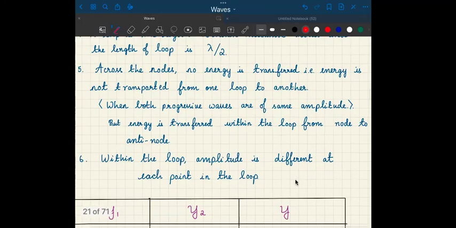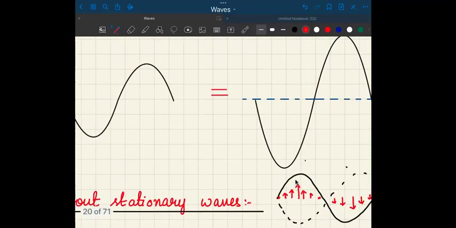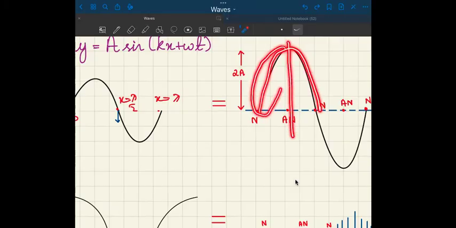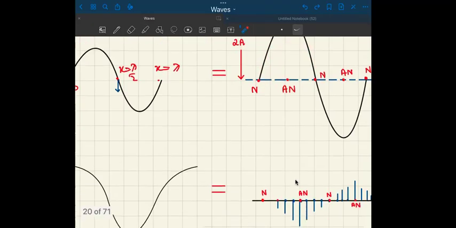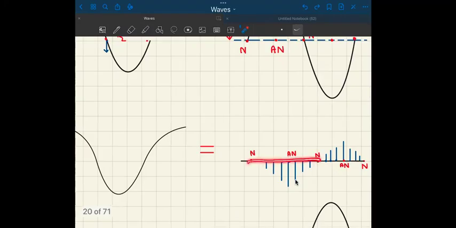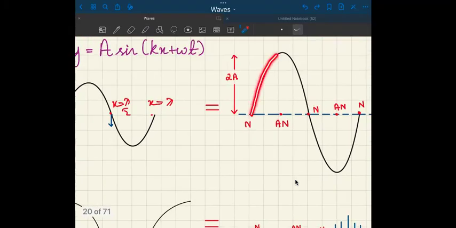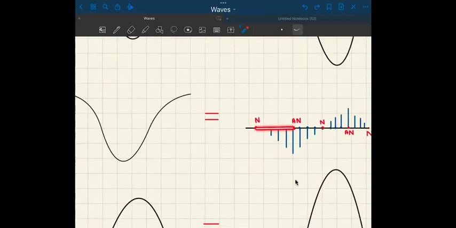energy is transferred within the loop. For example, you take a situation here. At this point of time, in this portion, the total energy is in the form of potential energy. Now, what is happening over here? The entire potential energy is converted into kinetic energy. So what was potential energy earlier at this stage is now equal to total kinetic energy at this stage.